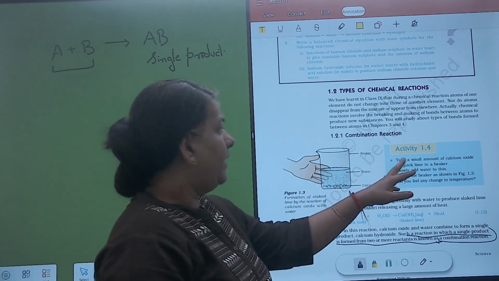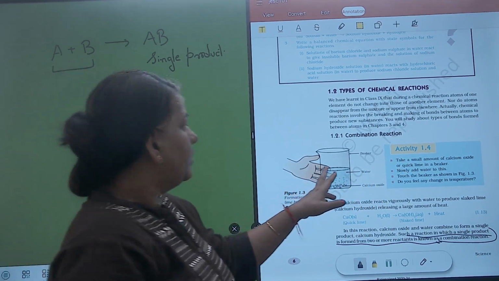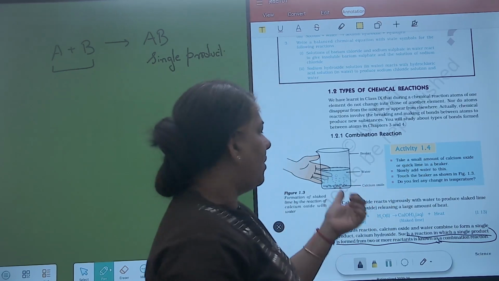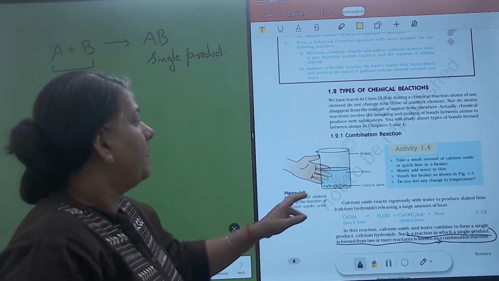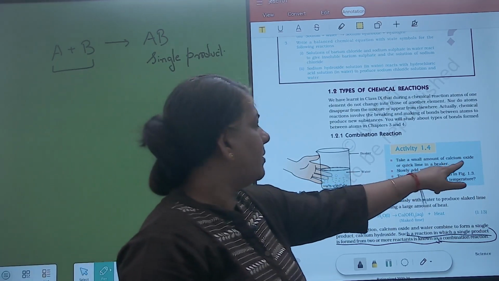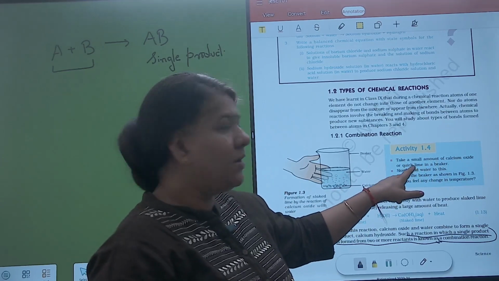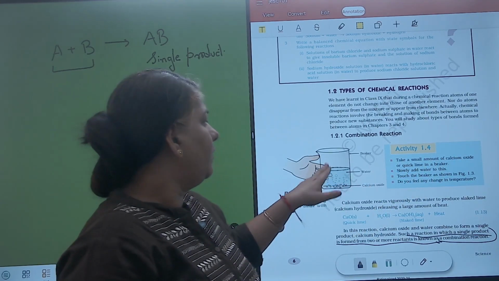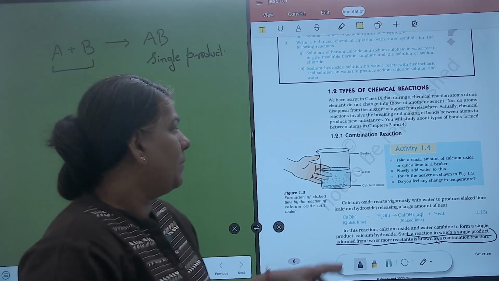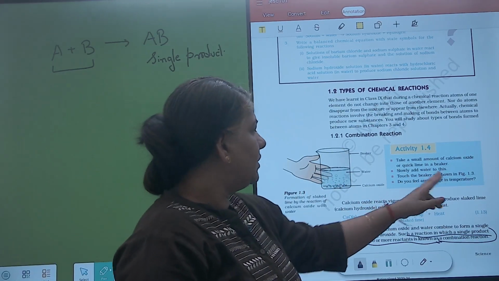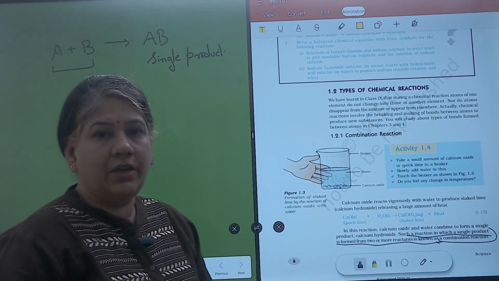Okay. Activity 1.4. See what it says. Take a small amount of calcium oxide, add water. Calcium oxide is also called quicklime. Common name is quicklime, and we slowly add water to it. So touch the beaker and you feel any change in temperature.